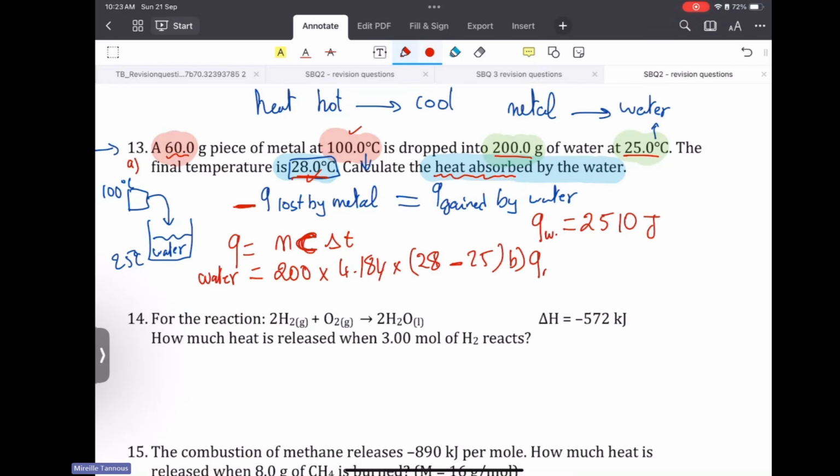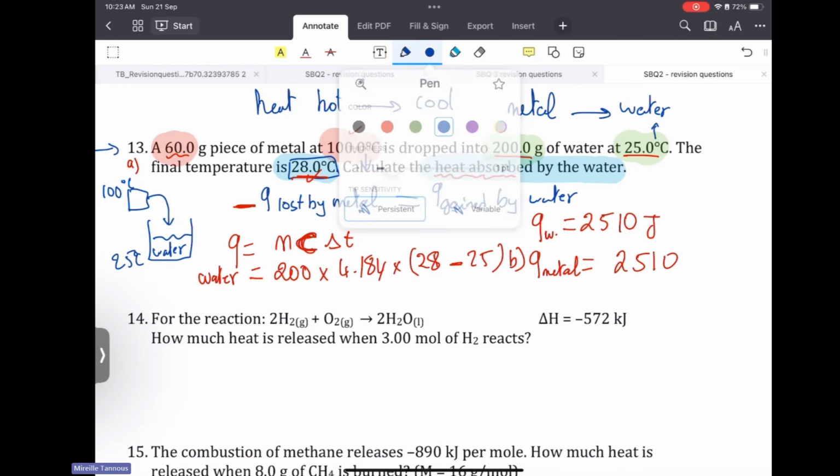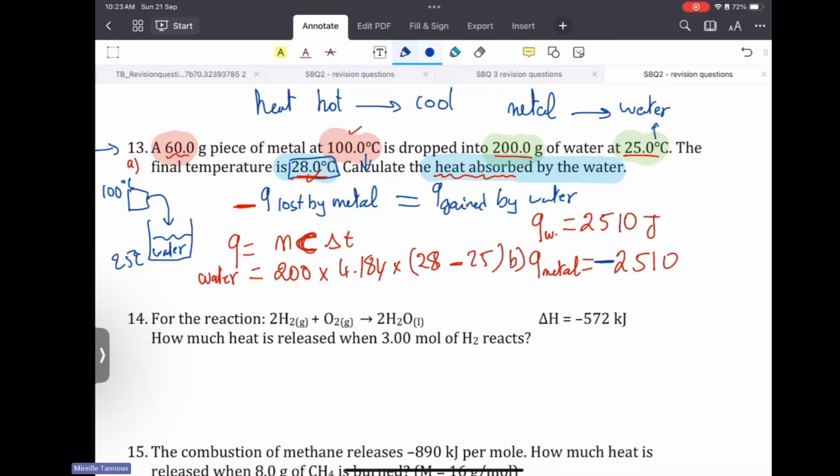So the heat lost by the metal in this case would be 2510, and because it is lost, we will put a negative sign. So heat lost by the metal, that's it. Heat gained by the water, that's it.